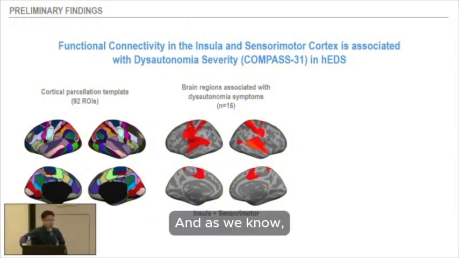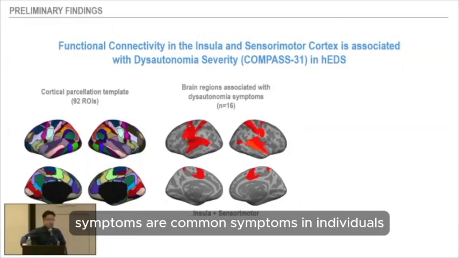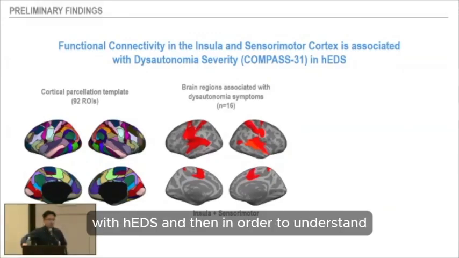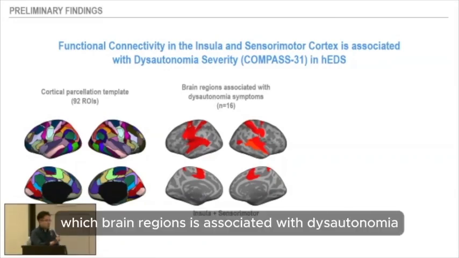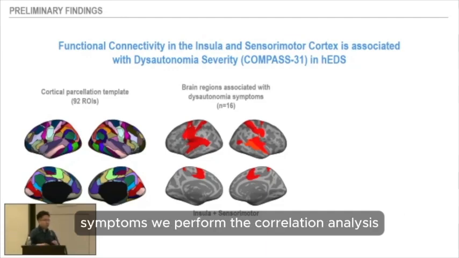And as we know, dysautonomia symptoms are common symptoms in individuals with HEDS. In order to understand which brain regions are associated with dysautonomia symptoms, we perform a correlation analysis.